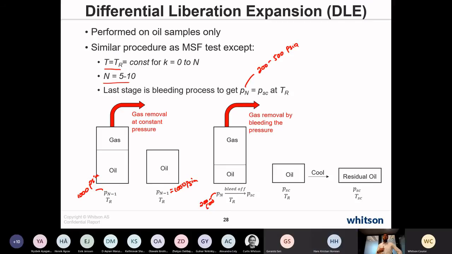And it tends to predict better the last stage oil volume if you simulate the experiment like that. But usually it's only important if you have very near critical fluids or high shrinkage oils, because there you have a lot of gas and you have this complex phase behavior going on between the oil phase and the gas phase.